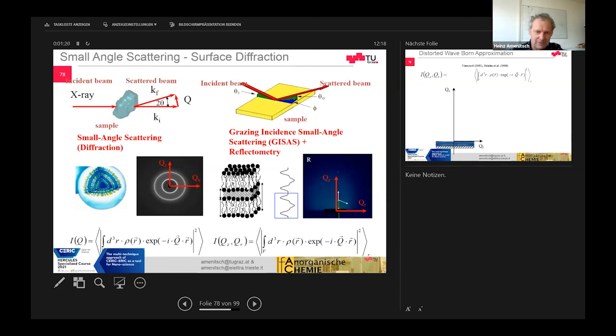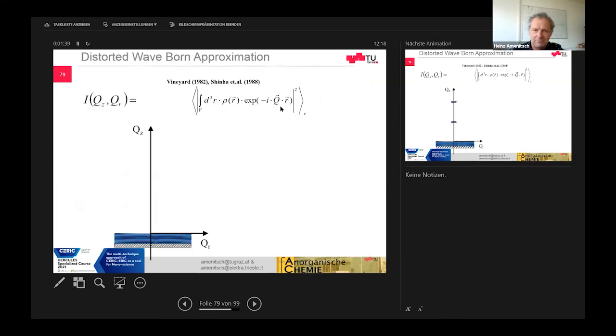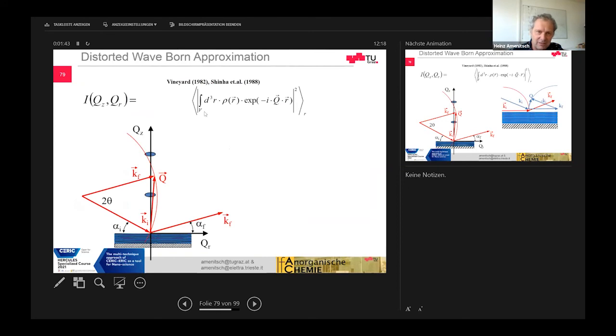So this is now important. You have an extremely nice information gain doing this experiment in grazing incidence small-angle X-ray scattering. You become extremely sensitive to the surface layer, and you have some problems now. You're measuring here the intensity, which is the two-dimensional Fourier transformation of the electron density contrast.